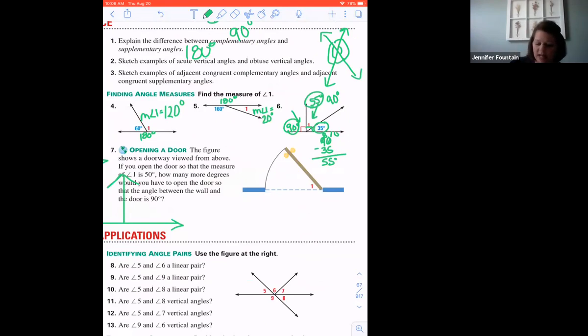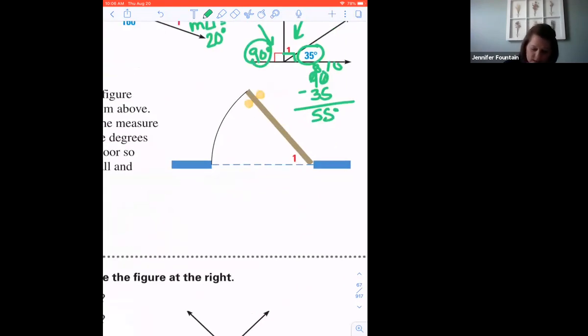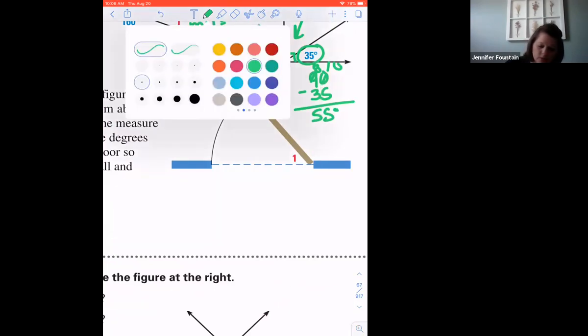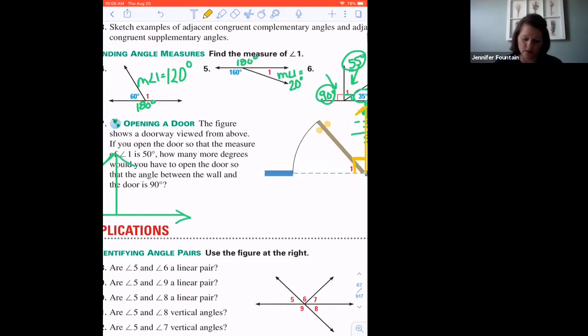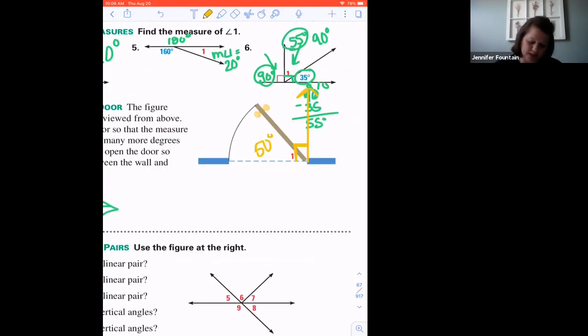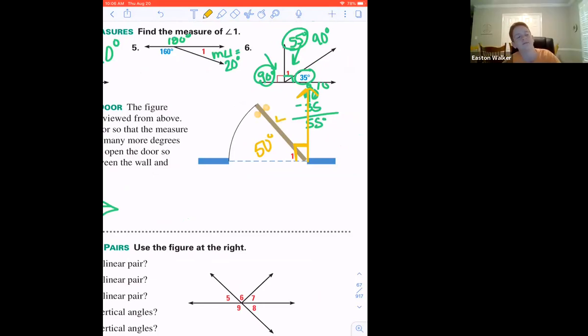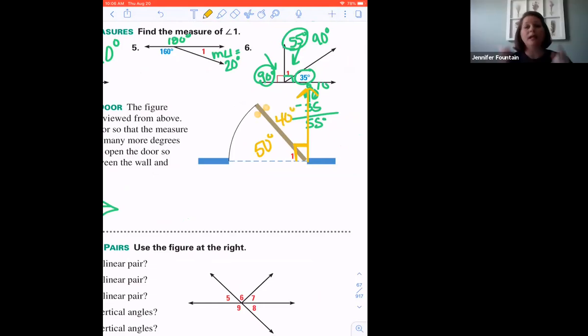So basically, if you wanted to open the door to where it equals 90 degrees, and we know that right now this is 50 degrees, how many more degrees can I open my door? 40. 40 degrees, good.